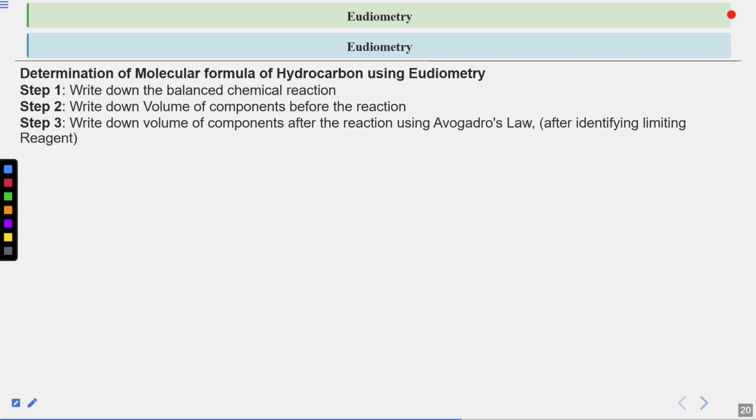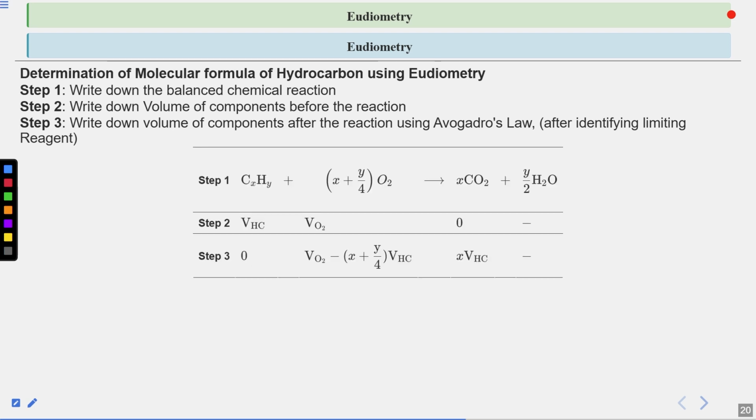And third, write the volume of the gases after the reaction using Avogadro's law. Now try to understand this chart. So this was step 1. We have written the combustion of the hydrocarbon.